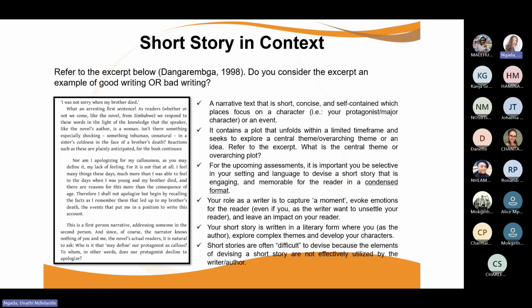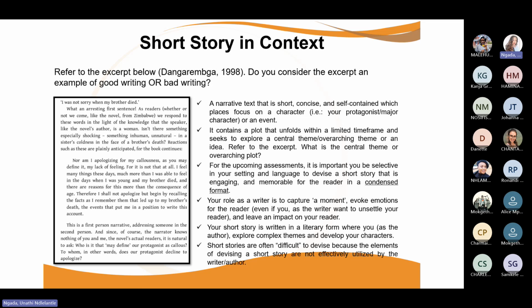The story can also be told through the eyes of a villain, or of a tragic hero. The narrative text contains what we call a plot, which unfolds within a very limited time frame, and it aims to explore the central theme of your own choosing, or an idea that you want to put out there.